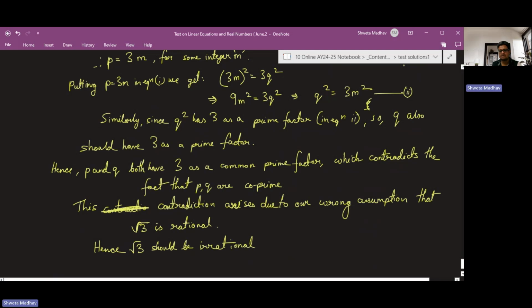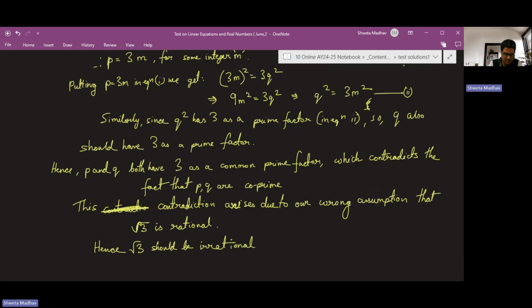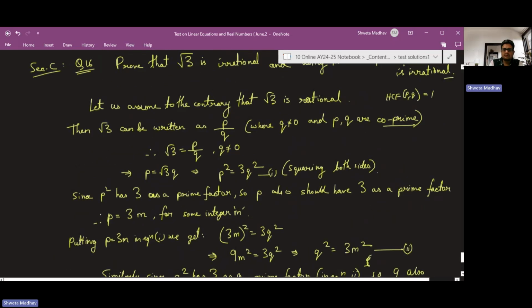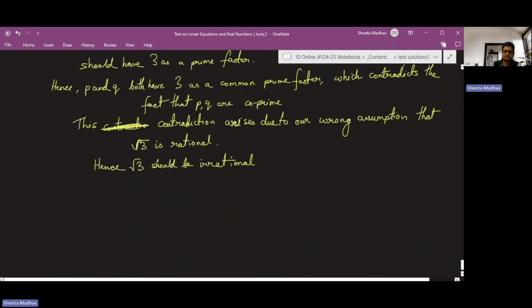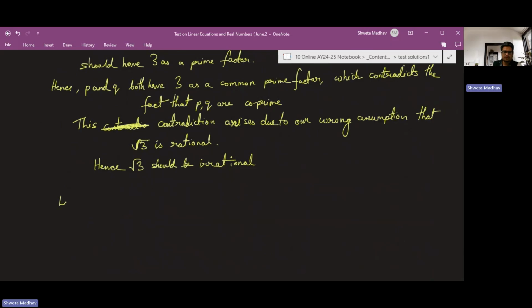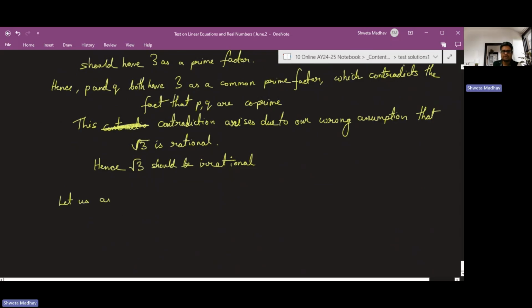Now by using this fact, we need to also show that 7 plus 5 root 3 is irrational. So how to show that? Let us assume that 7 plus 5 root 3 is rational.